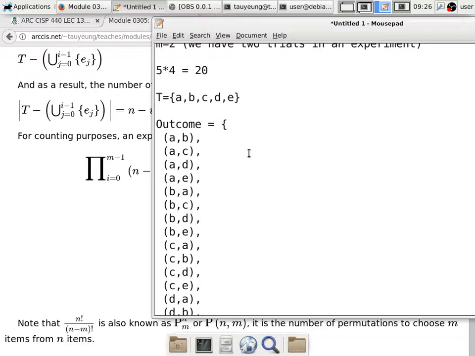There are 20 possible outcomes when you have an experiment with 2 trials and you have 5 items to begin with. Is that okay? So for the lottery, if you don't care about the Powerball portion and just deal with the lucky numbers, then you have 69 items to begin with, and each experiment has 5 trials.